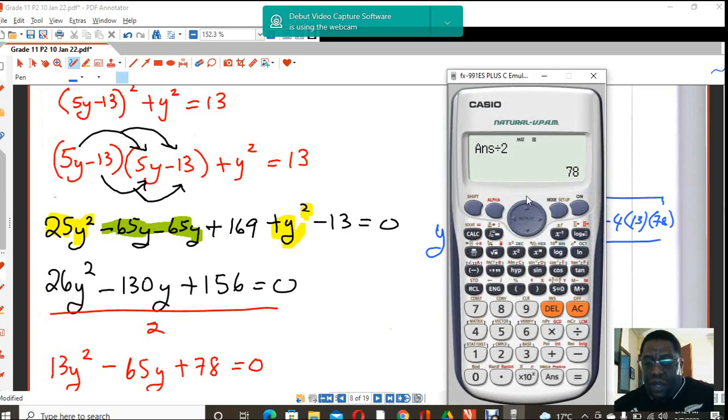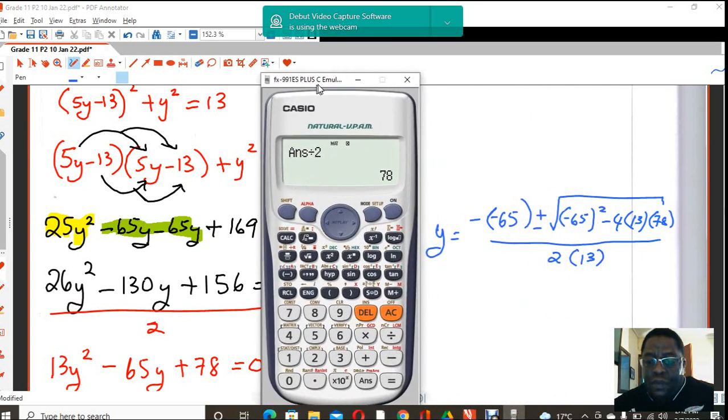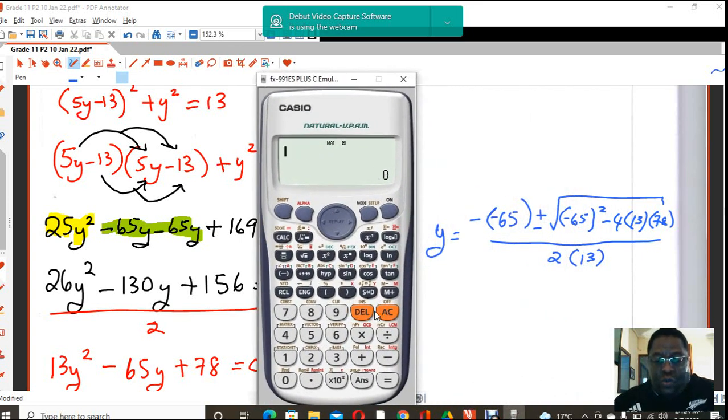Okay, so using my calculator, let's just get my calculator the correct way I want it to be. Good. So I have got negative in brackets minus 65.